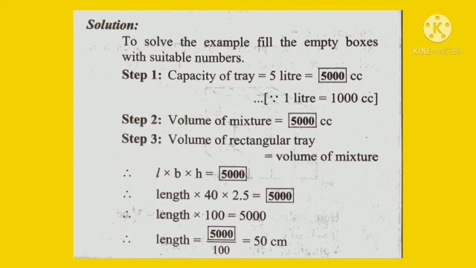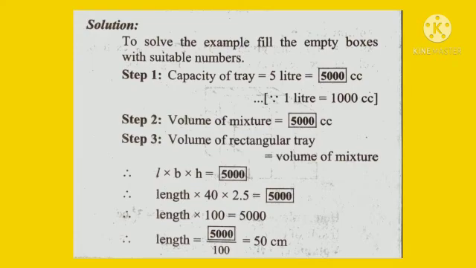Step 1. Capacity of the tray is equal to 5 liter, which is equal to 5000 cubic centimeter, since 1 liter is equal to 1000 cubic centimeter. Step 2. Volume of mixture is equal to 5000 cubic centimeter.